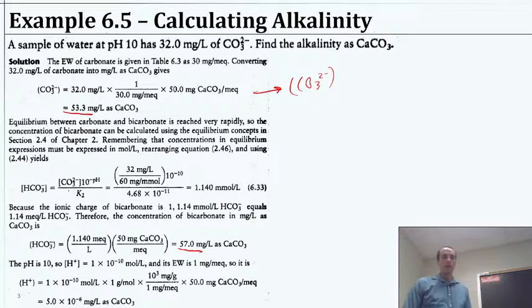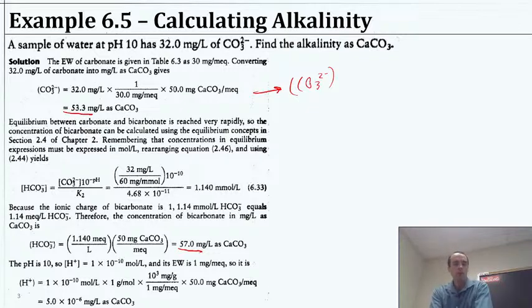They say the pH is 10. We already talked about this: first of all, the H plus is 1 times 10 to the minus 10 at pH 10. The equivalent weight for hydrogen should be 1 because it's 1 divided by 1, right? So that's pretty simple.